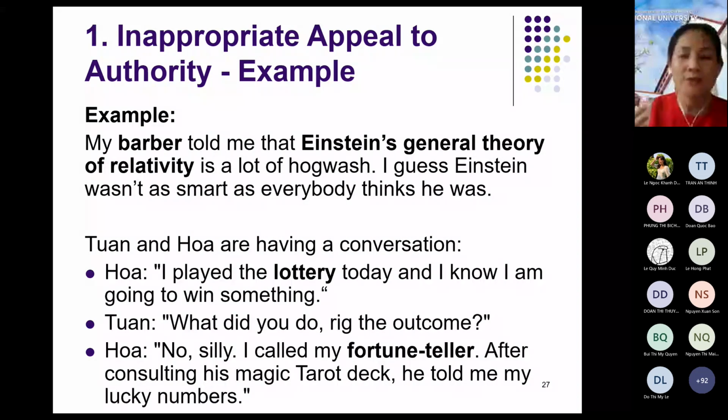If the fortune teller really knew the lucky number that would win the lottery, we believe that he would win it for himself, wouldn't he? So when you use a fortune teller as the authority for what you decide to do, it is not a reliable source. It is not safe for this kind of argument. So this is an example of inappropriate appeal to authority.